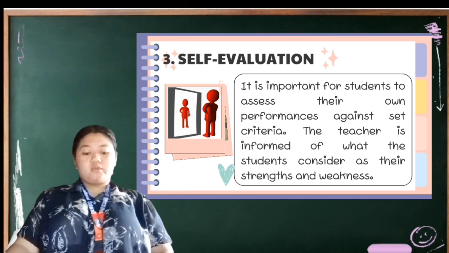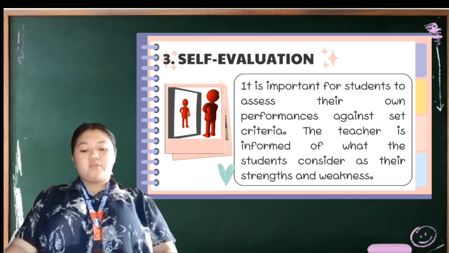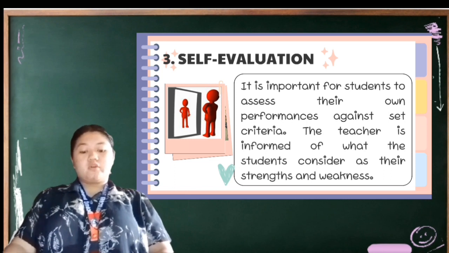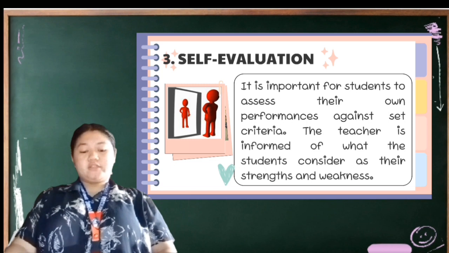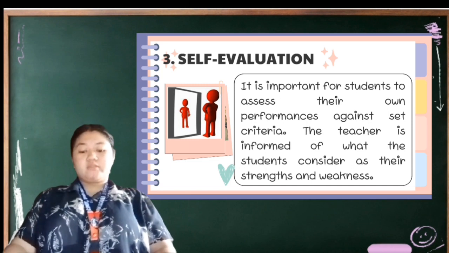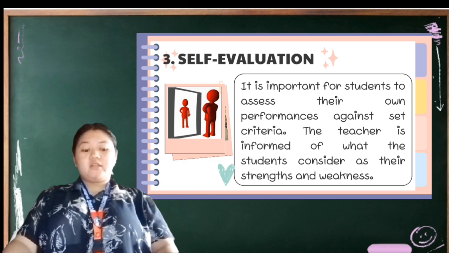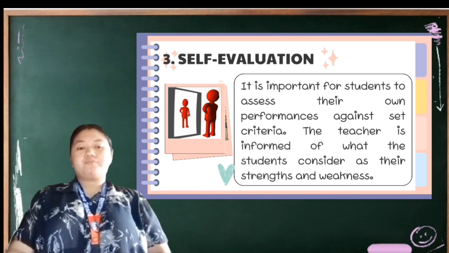This can include evaluating their strengths and weaknesses, understanding areas of improvement, and reflecting on their learning progress. It helps students become more aware of their skills and areas needing development, promoting a sense of responsibility for their learning.